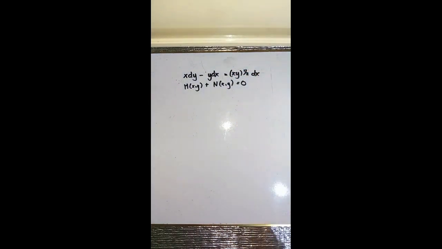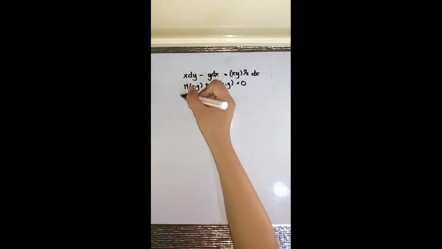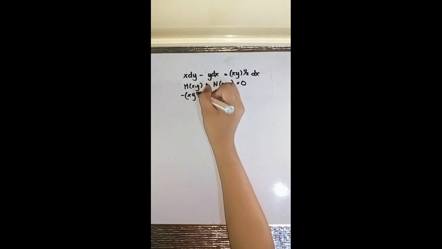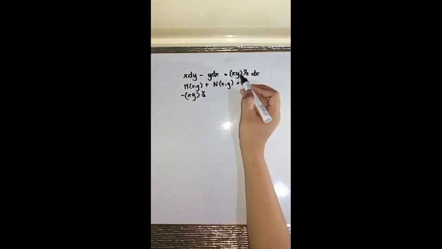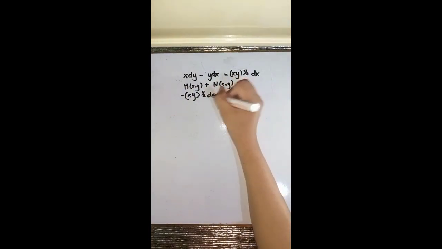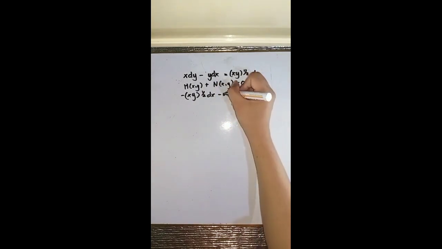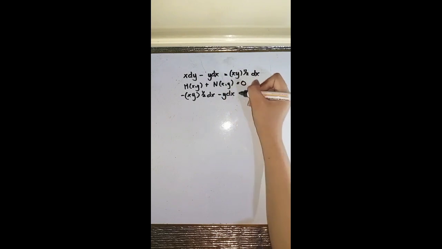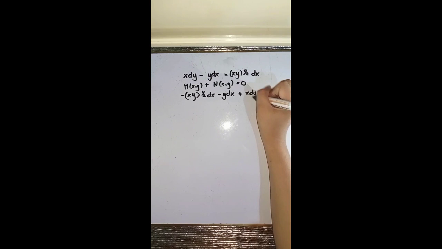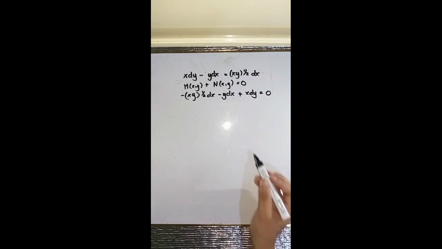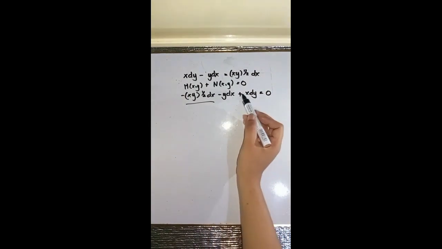So by transforming this equation, it'll become negative xy^(1/2) dx minus y dx plus x dy equals 0.